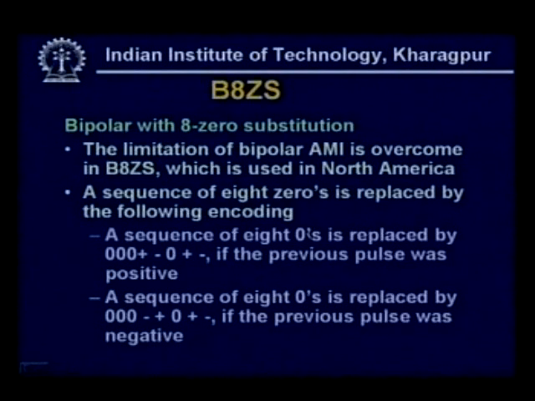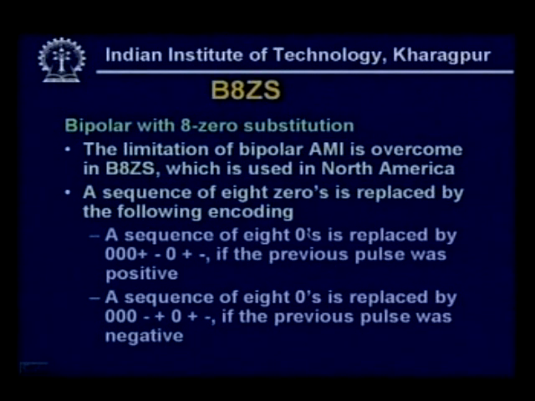Bandwidth is not high, and that is why it is attractive from the bandwidth point of view, but it does not provide good synchronization. So how this problem can be overcome, retaining the advantage or good feature of bandwidth? That is what is being tried in B8ZS, which stands for bipolar with 8 zero substitution.